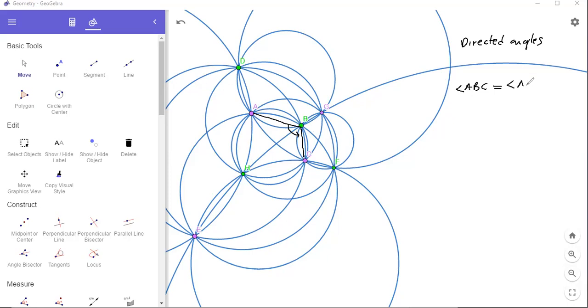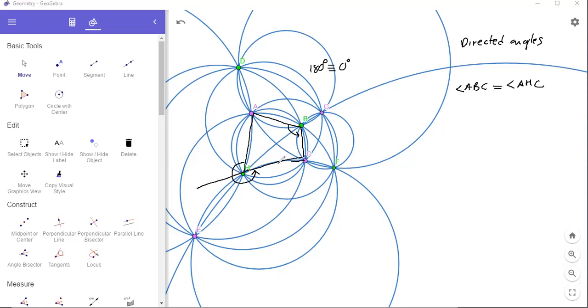This is equal to AHC. In directed angles, look at the angle AHC. Going in the counterclockwise direction, that actually goes all the way like this. In directed angles, 180 is considered equivalent to 0, majorly because of the idea of a straight line.